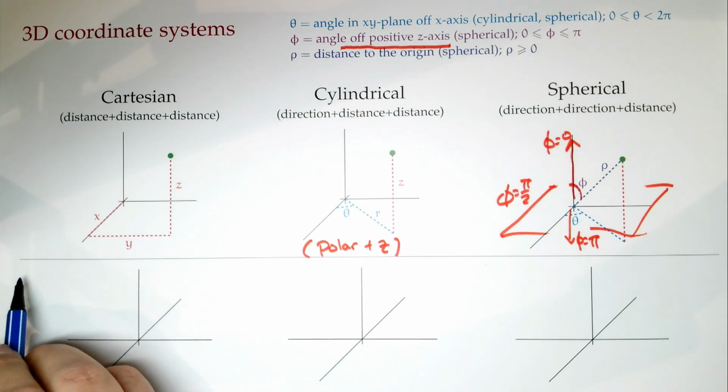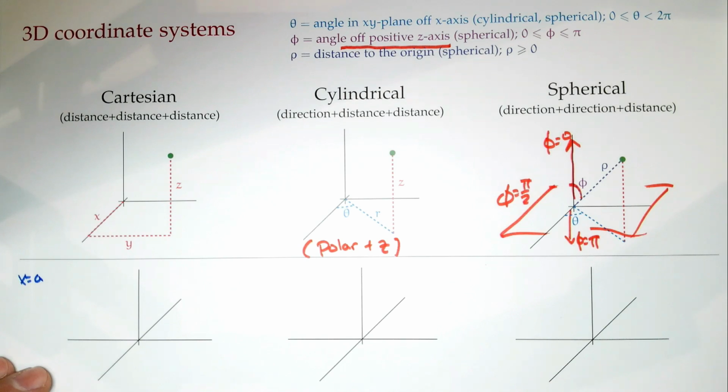Suppose I look at x equals a. If I fix x to be a particular value, what do I get? What's the shape? So I want all the points where x equals a. What do I end up seeing? A plane. Yes.